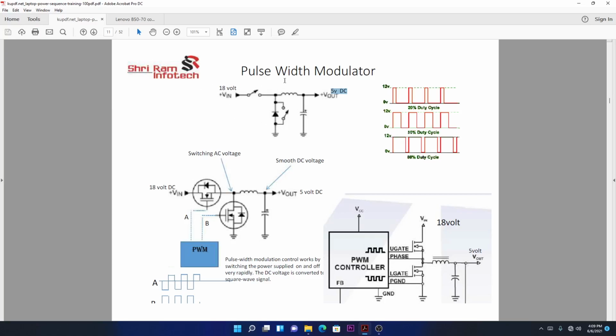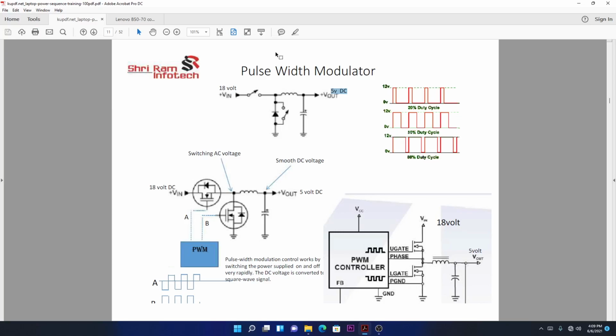After the spark, you'll have a coil, and the coil will push that output to a specific voltage, depending on how fast those MOSFETs turn on and off per second. Then we'll have that specific voltage. If you use an oscilloscope, you'll see they are switching it, going to 18 volts, back to 0, 18 volts, back to 0. You'll have some sort of a graph when you check this under an oscilloscope.